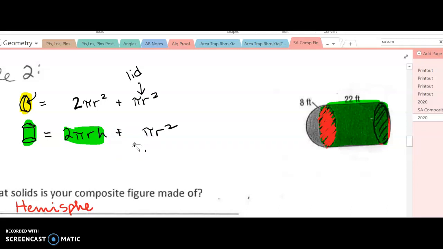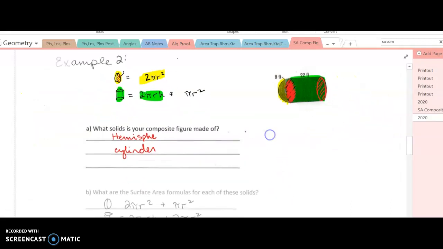Okay, then for the hemisphere, we know that we're going to need this part of the hemisphere, the 2 pi r squared, but that lid, this part right here, we do not need. That red circle there, again, is on the inside, so we don't need it. So really our composite formula is just 2 pi r squared plus 2 pi r h plus another pi r squared.